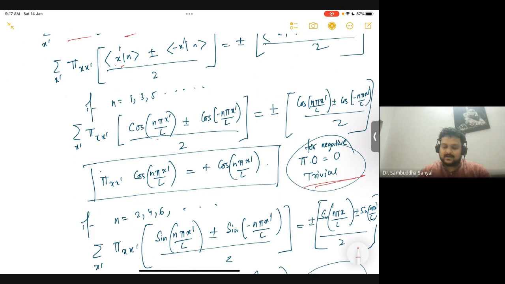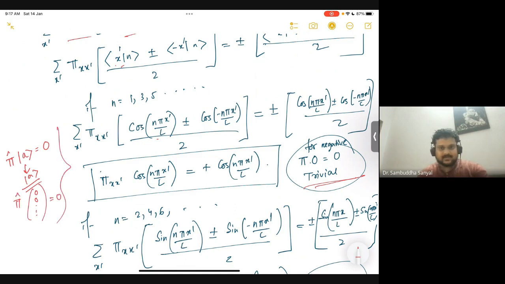A null vector is when an operator acts on some non-trivial vector and gives me zero. But here it is actual zero, which means it is 0, 0, 0, 0, 0, and it is trivially a null vector. That has no meaning, this statement. So the only possibility is this acting on cos will give me cos with a plus in front. So this is a parity eigenket. The odd eigenstates are automatically parity eigenkets with plus parity.